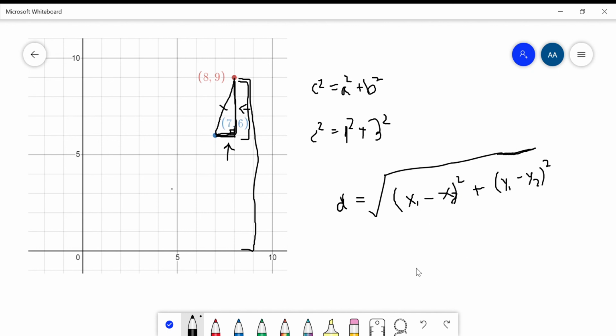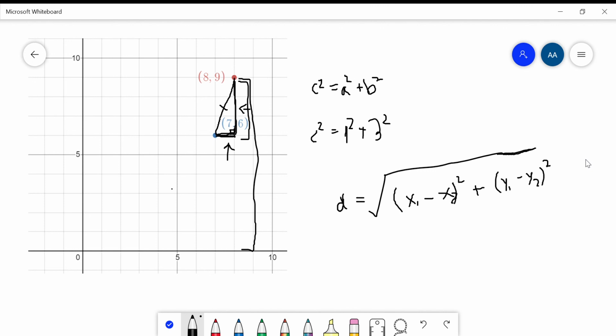Minus 1 squared is just minus 1 times minus 1, which is positive 1, because two negatives make a positive. So it doesn't matter which order you take them in, because the square will always make sure that it stays positive. Then when you take the square root, you can find the distance pretty easily.